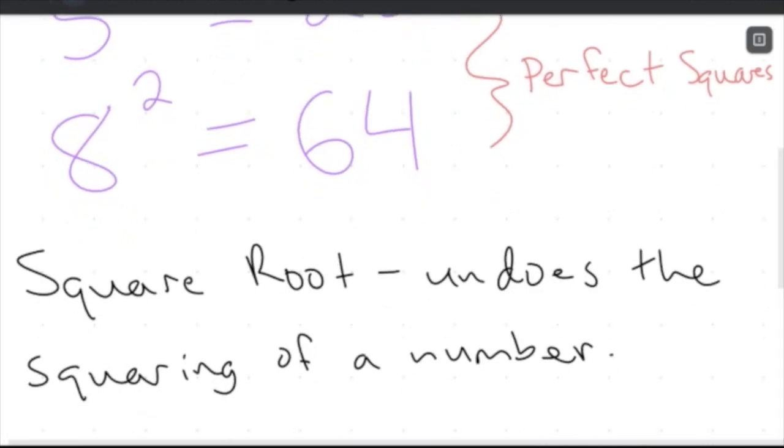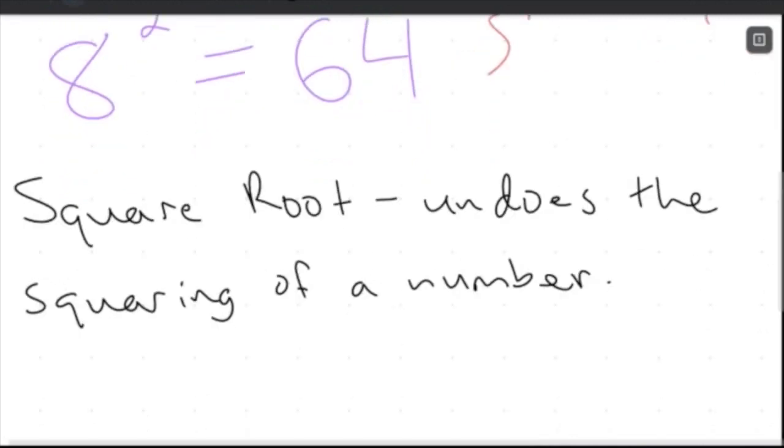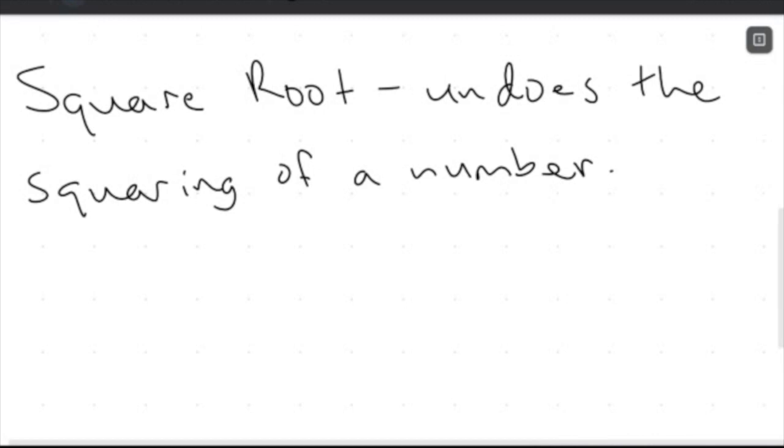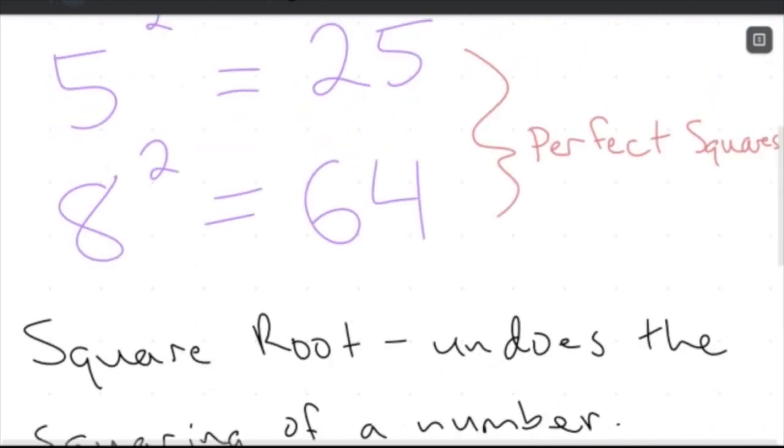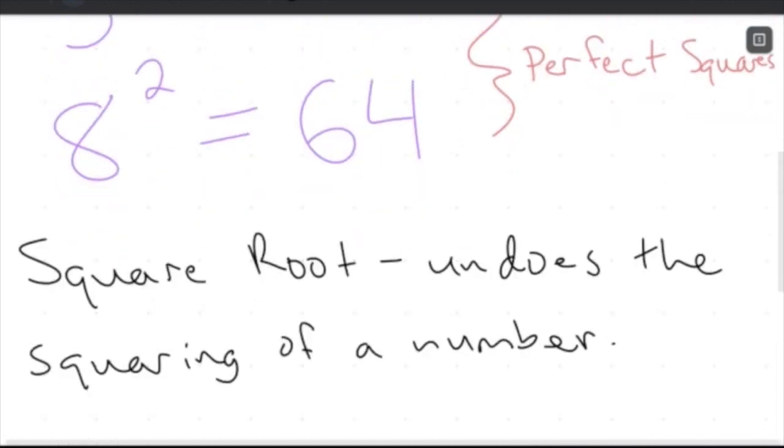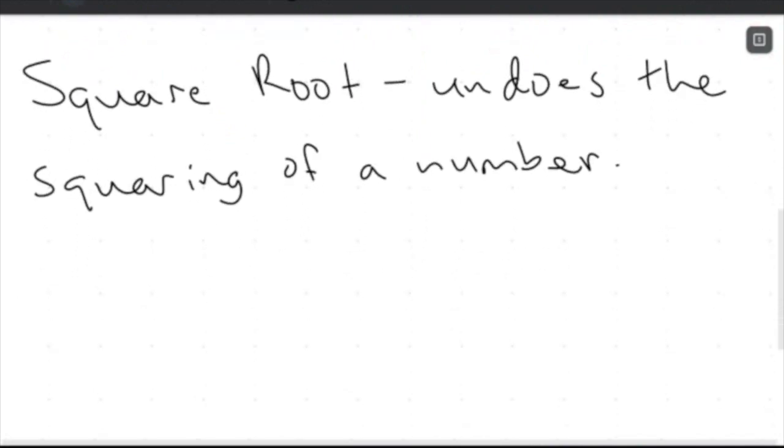Square rooting a number is the opposite of this. When we have one of these numbers in the perfect squares family, we can apply a square root, and this tells me what the number was that multiplied by itself to give me that in the first place.